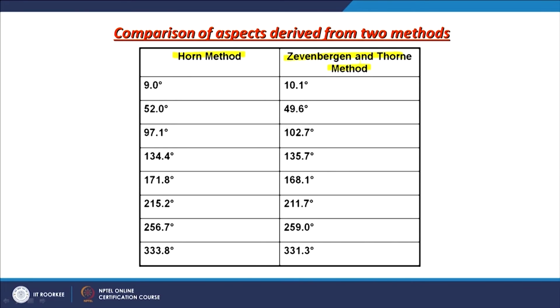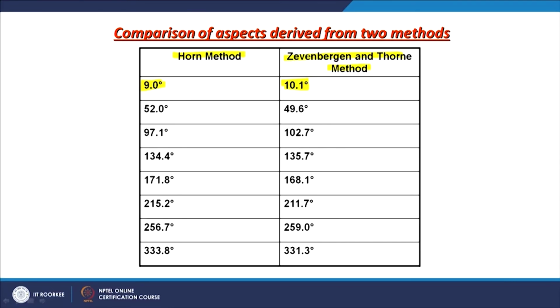So, two such aspect maps were generated using the same digital elevation model, and a few cells were randomly identified, which have been explored further to see what values they carry for the aspect. In the Horn method it is coming, say, for one cell 9 degrees, while for the same cell in the Zevenbergen and Thorne map it is coming 10.1.